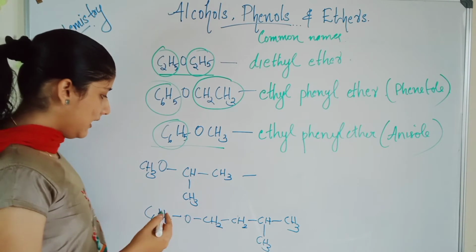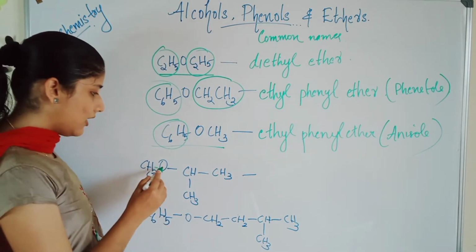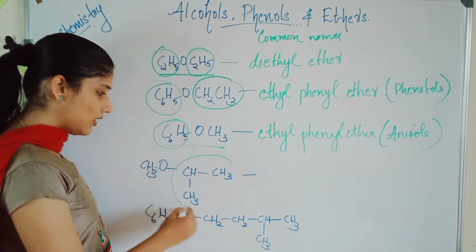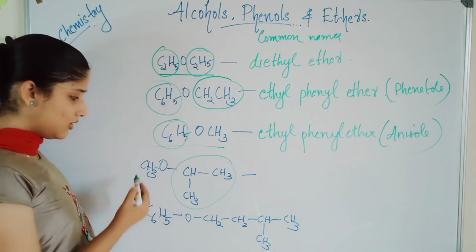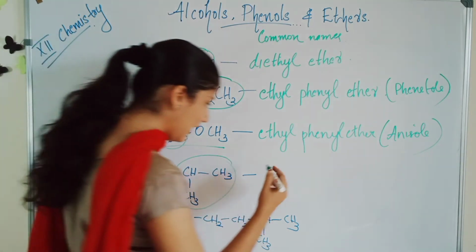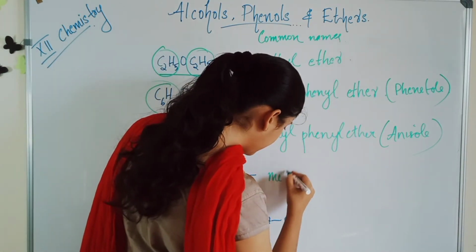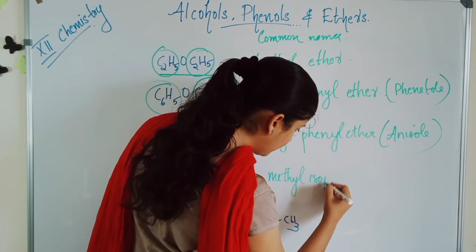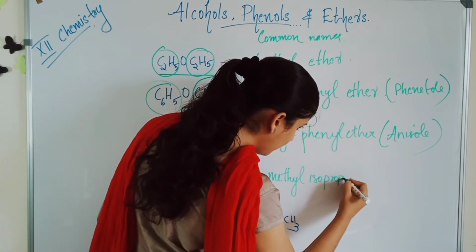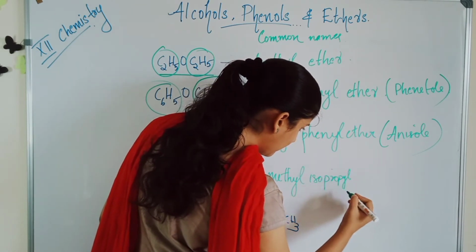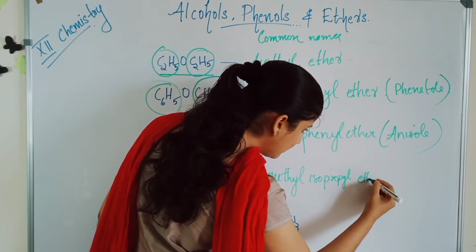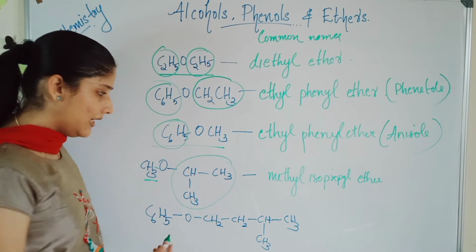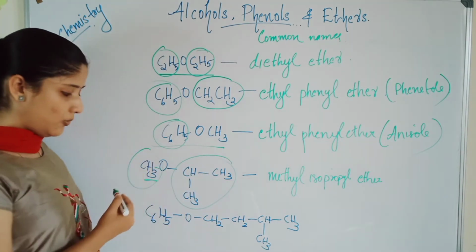Okay. Next is CH3OCH, CH3CH3. This is what? This is isopropyl group. So what we will call? Methyl isopropyl ether. This is methyl isopropyl ether, methyl group and isopropyl group.